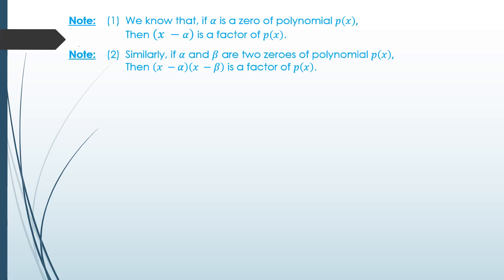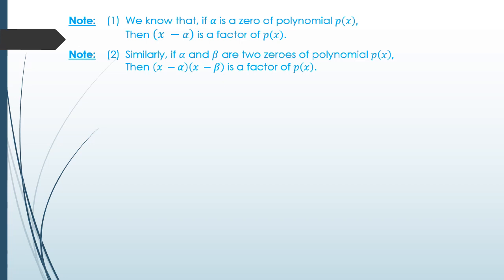Now we have seen the first part of this chapter. We have studied that if we are given a quadratic polynomial, we can find out its zeros by using the method of factorization, that is splitting the middle term. Now today we are going to see the converse part of that.